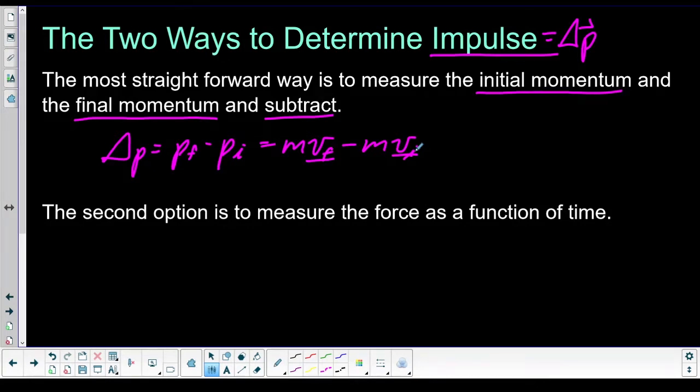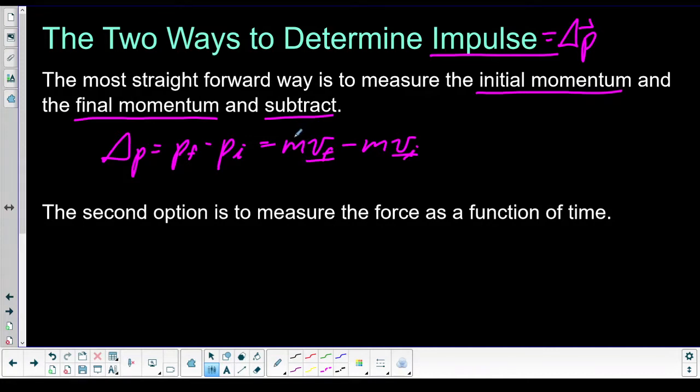Very, very rarely does the mass change because you have to hit something. Mass doesn't just spontaneously grow out of other mass, right? You have to hit something, you have to drop something. And those interactions are not necessarily what we're talking about here. We're talking about one thing changing momentum for most of today.